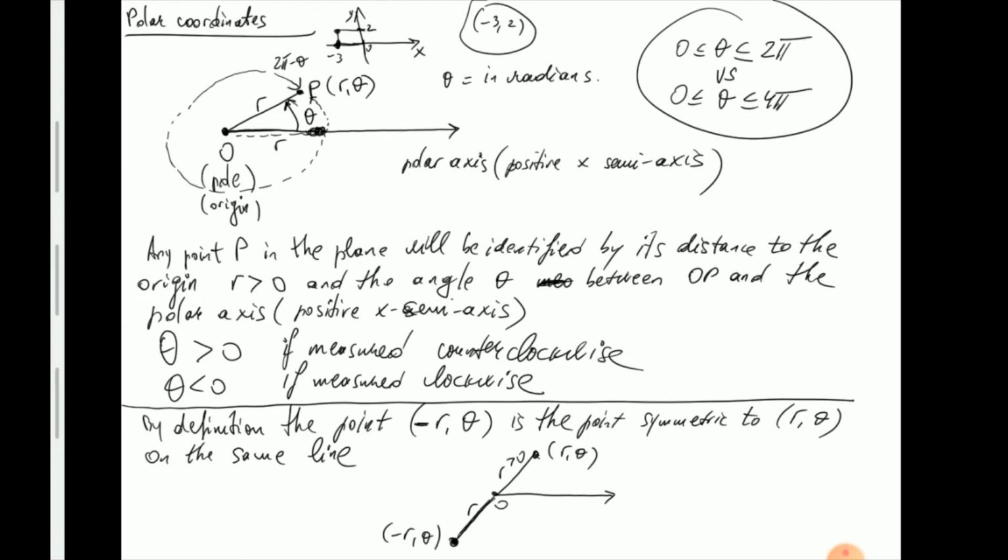So you have a choice of using the same theta, but the negative r. Negative r always represents the opposite, or the symmetric point with respect to the origin from the point with positive r. So again, you have even more choices now to represent the same point, as I'll show you on the next page. So let's stay tuned for a couple of examples.